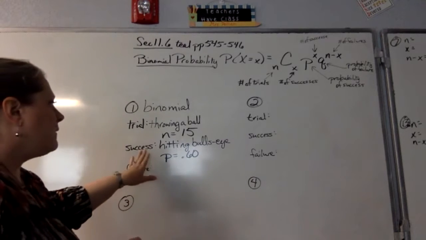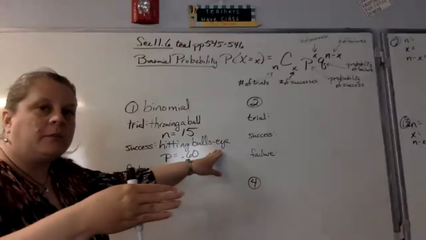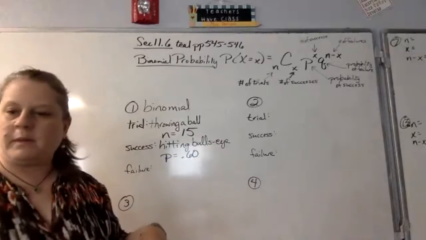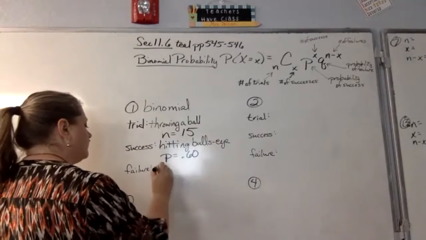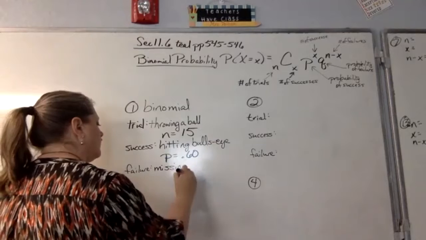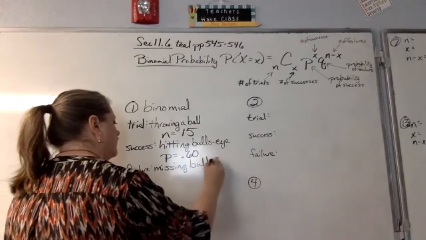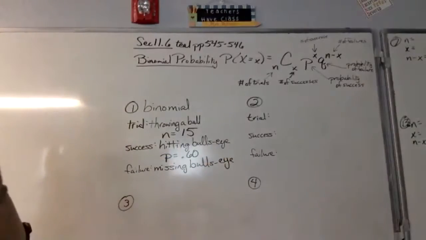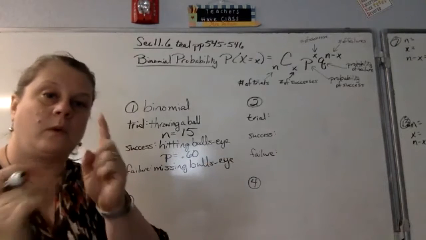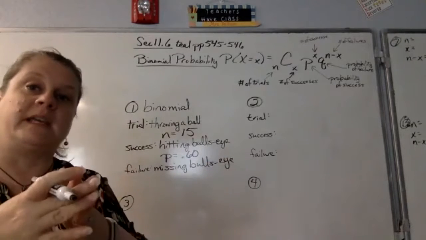So if our success is her hitting the bullseye, a failure would be what? Missing the bullseye. Okay, now let's use common sense. When we do probability, remember it adds to equal 1 or 100%.